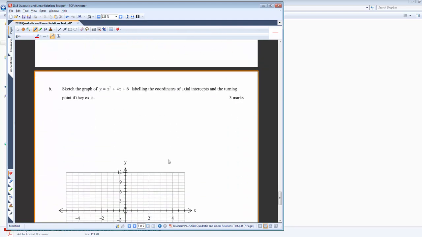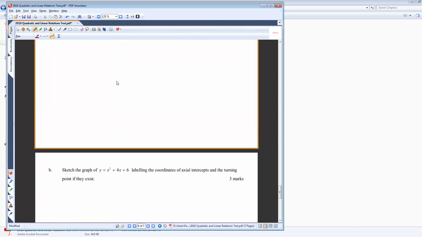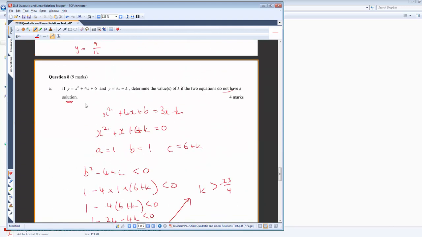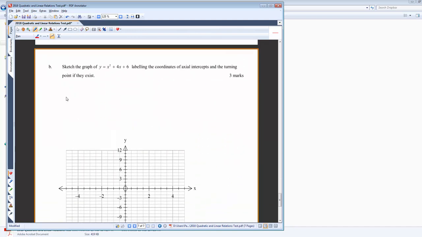Alright, so on to this question here. Sketch the graph of this, which again is this one here. Alright, so what do we know about this? Well, I know what the y-intercept is. It's 6. And now I need to get the turning point. Well, I can see quickly that it's not going to factorize, but you could try running the discriminant on that, and it will be less than 0.